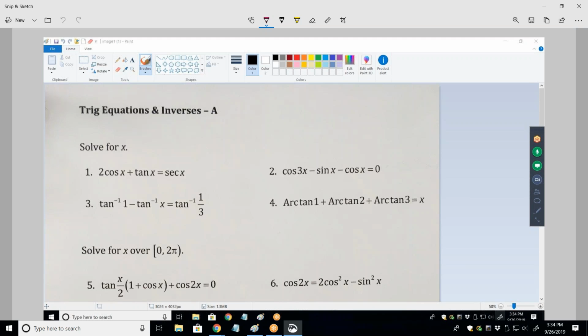Okay, so let's use that secant is 1 over cosine and tangent is sine over cosine, because they both introduce cosine.